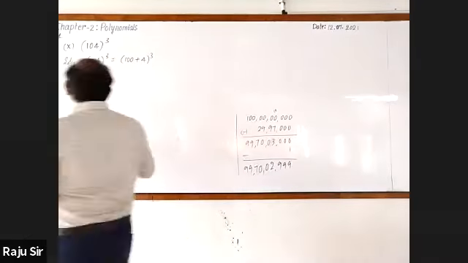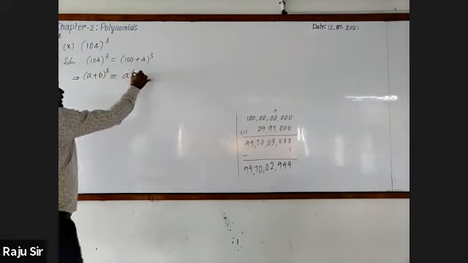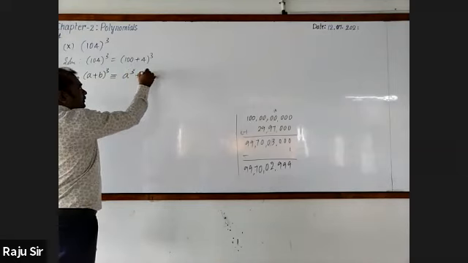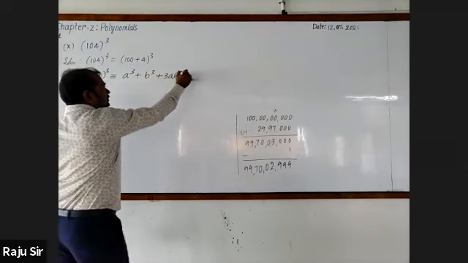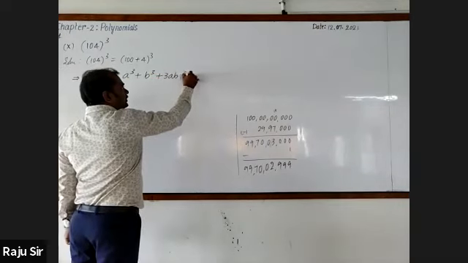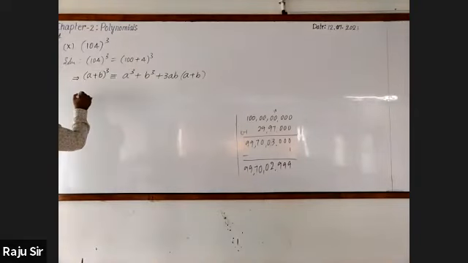Very good. Namit, you continue. A plus B whole cube, A cube plus B cube plus 3AB into A plus B. Okay, okay.